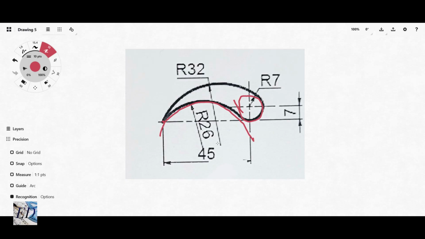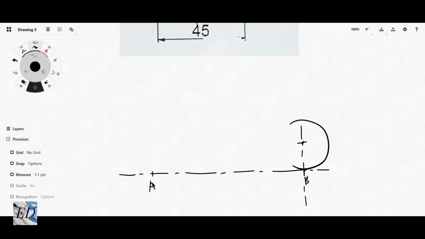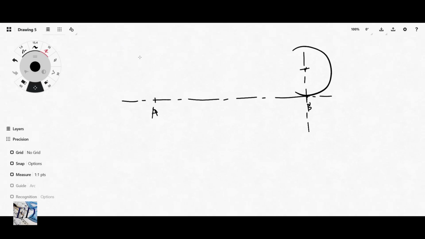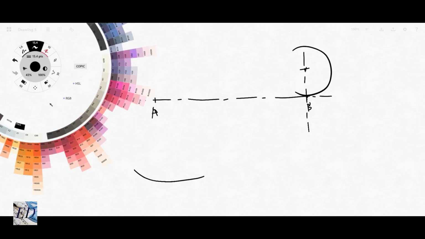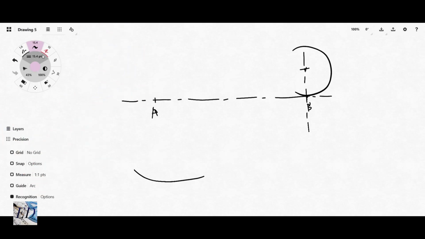You go a bit further because the arc will go down. So you stand here, and with a radius of 33 millimeters, you draw an arc. From the center of this circle, with a radius of 33, you draw an arc.